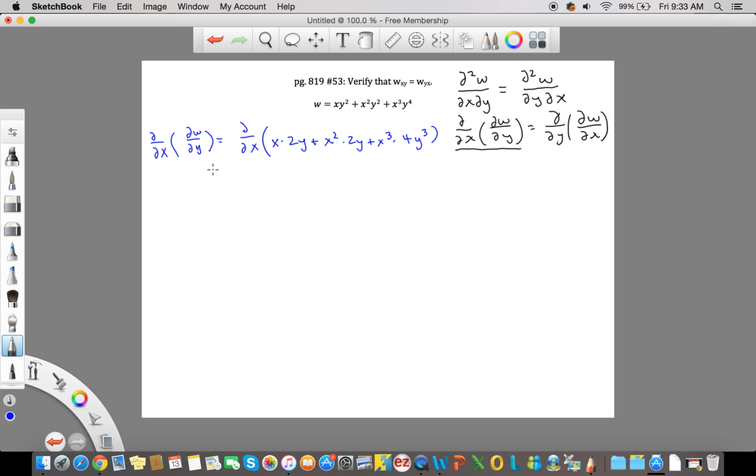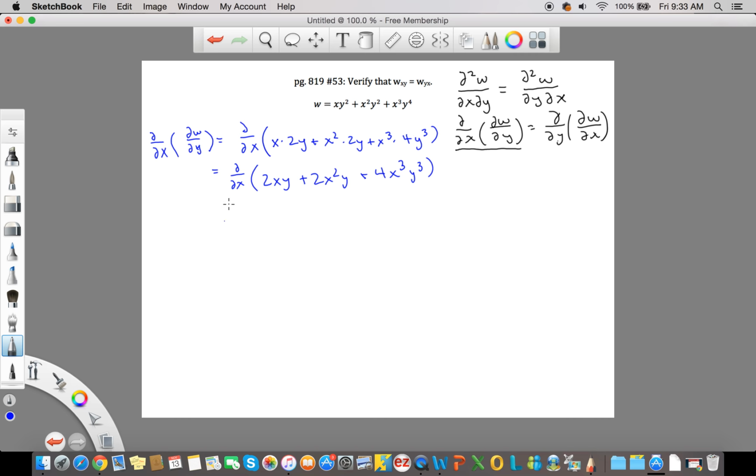So this is going to be d dx of 2xy plus 2x squared y plus 4x cubed y cubed.